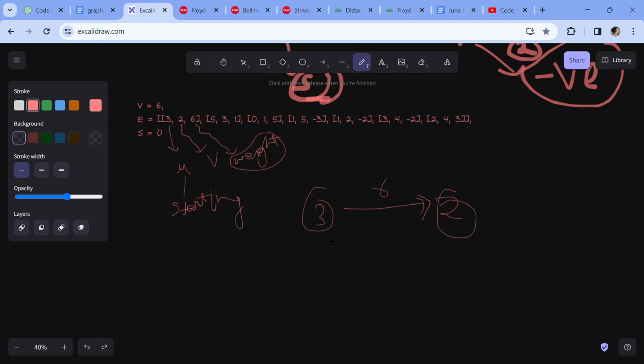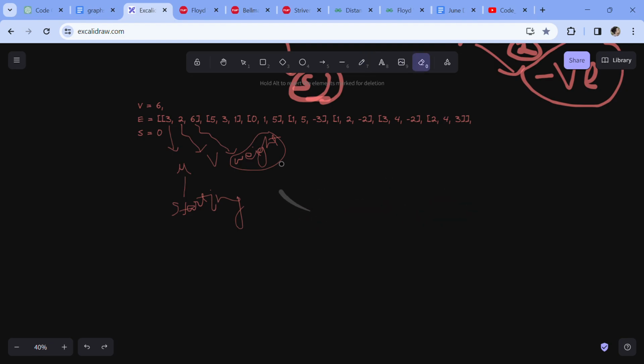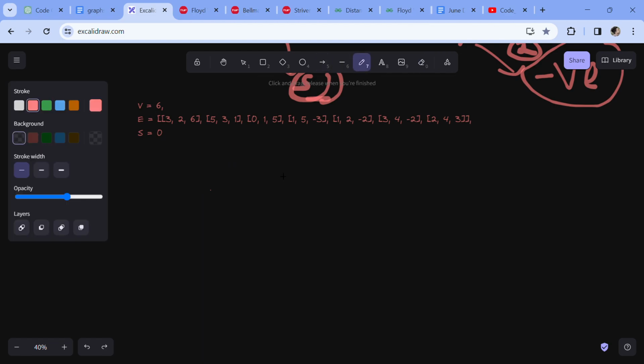These are the inputs for these 6 nodes. Let me first draw this input quickly, so that we can easily apply the Bellman-Ford algorithm to find the minimum distance from the source node to all nodes.